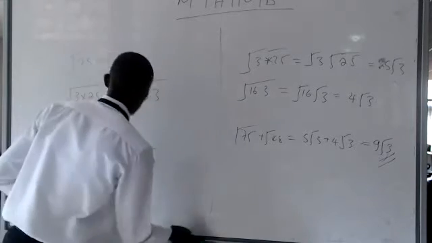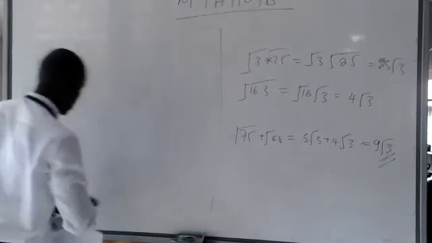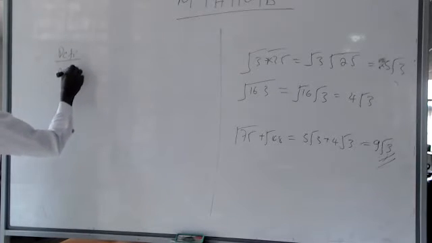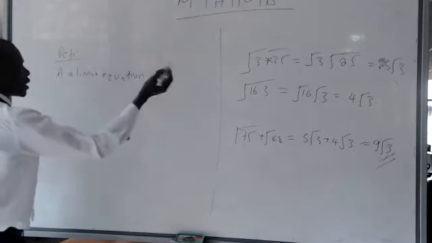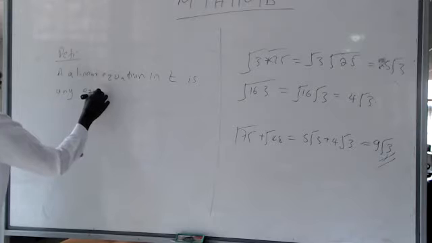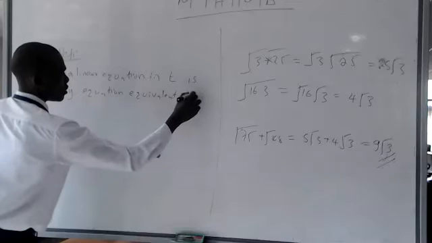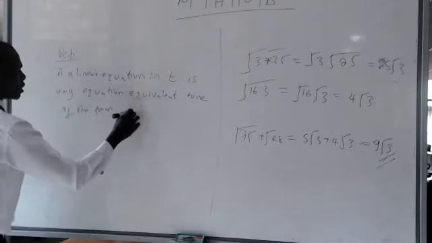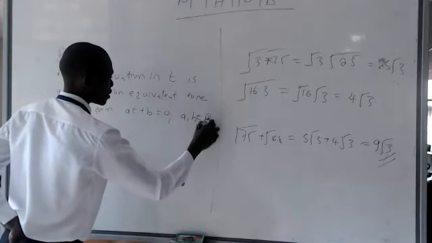Then what's a linear equation? And give an example. Well, to define a linear equation, definition, remind you, a linear equation is any equation equivalent to one of the form AT plus B is equal to 0, where A and B are real numbers.